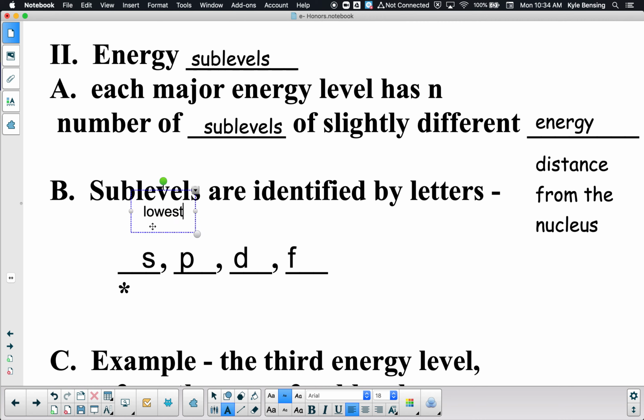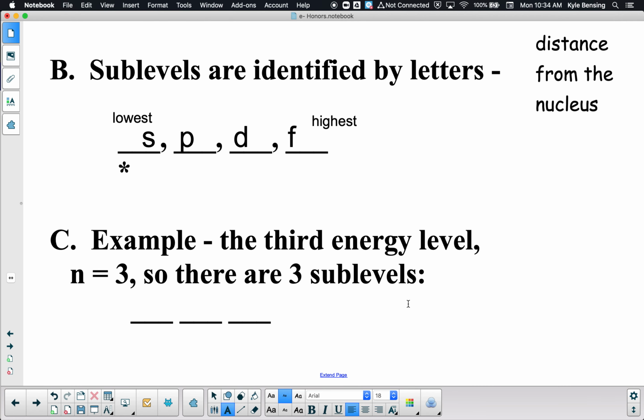The lowest goes right here, and over here we have the highest energy. So it goes from lowest to highest in this direction. Example: the third energy level, n equals 3, has 3 sublevels: 3s, 3p, and, you guessed it, 3d.